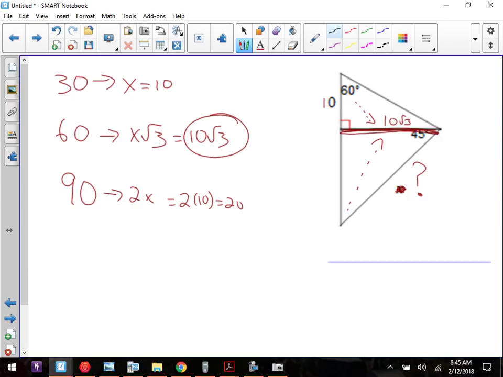So now I change my ratios to a 45. And I rewrite. Now I know across from a 45 is equal to 10 root 3.